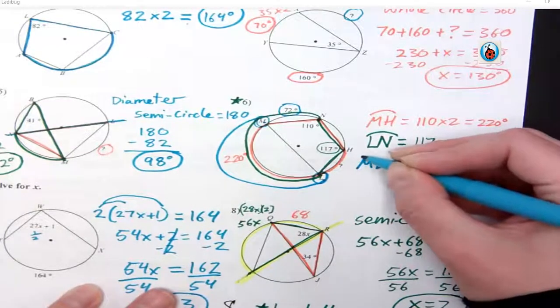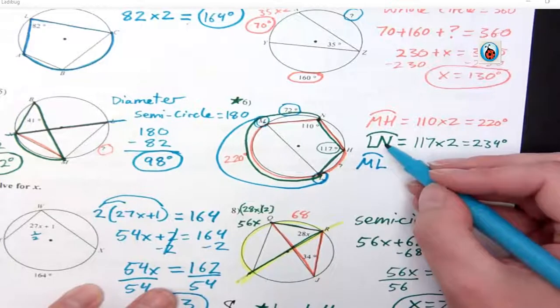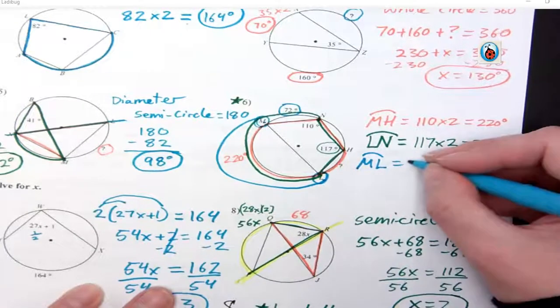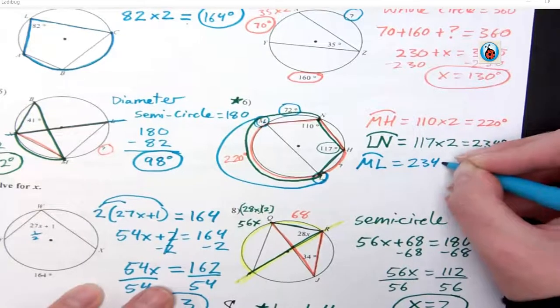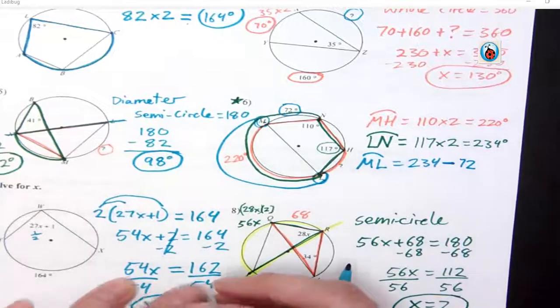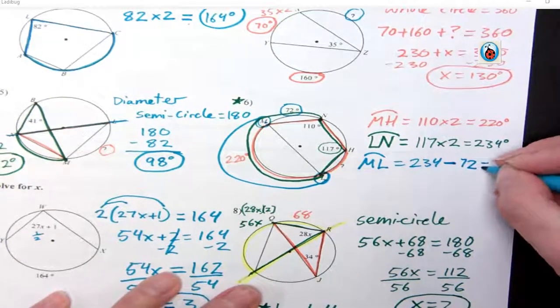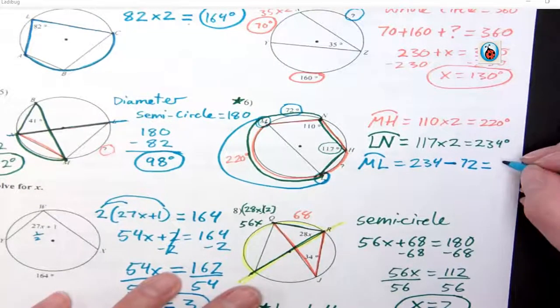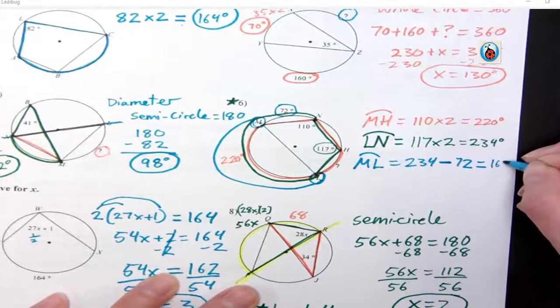So arc ML is my LN, which was the 234, minus MN, which is 72, which equals 162 degrees.